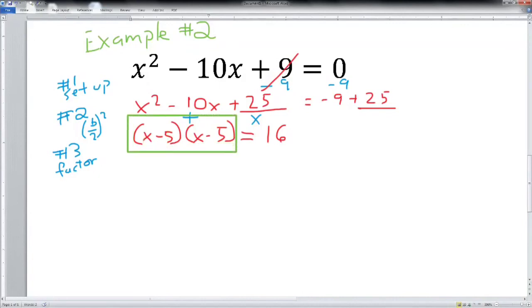Instead of writing the same thing multiplied by itself, we can rewrite that as x minus 5 quantity squared. To get in vertex form, we have to move the 16 back to the left-hand side. There will be times when we won't do that, but for the sake of being consistent, let's subtract 16 from both sides. So we're left with x minus 5 quantity squared minus 16 equals 0.